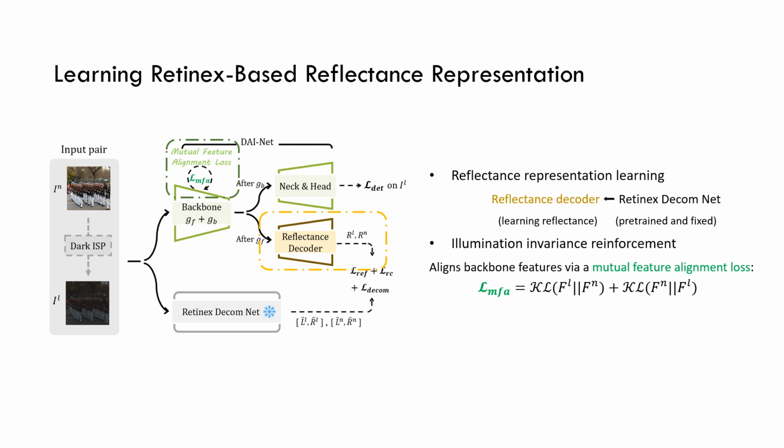And naturally, the reflectance knowledge is introduced into the network backbone, which will further benefit the downstream detection task. And secondly, we propose an illumination invariance reinforcement strategy to further enhance the illumination invariance from a feature level. It's termed as a mutual feature alignment loss that aims at aligning the backbone features regarding the two paired input images.